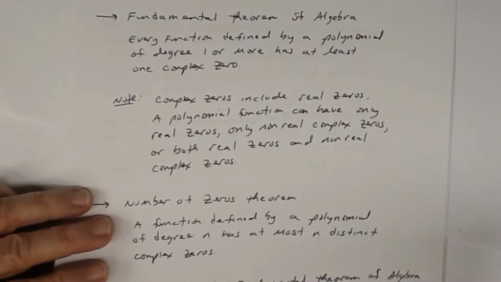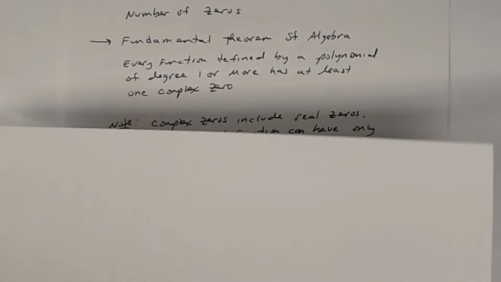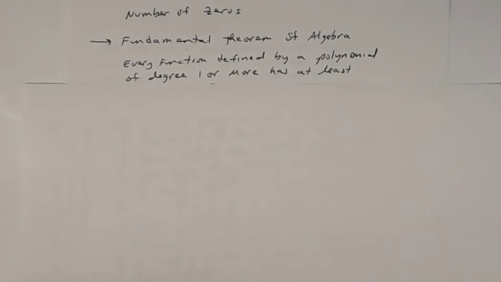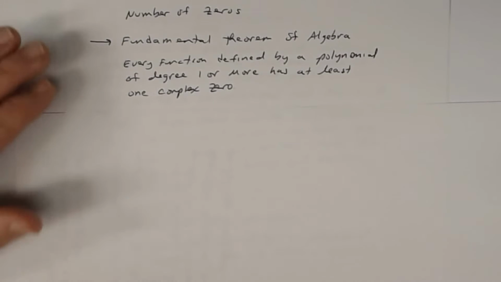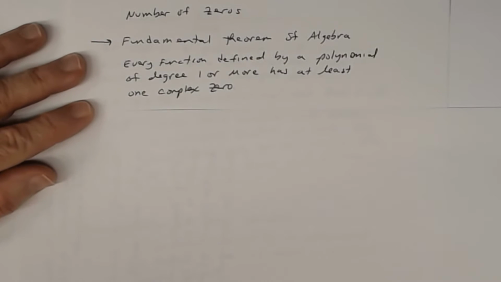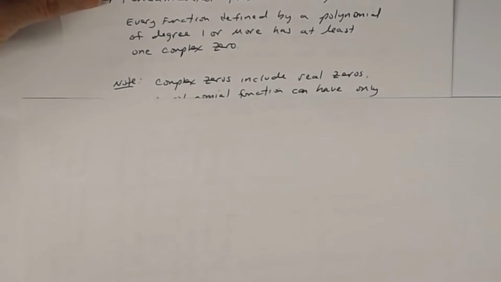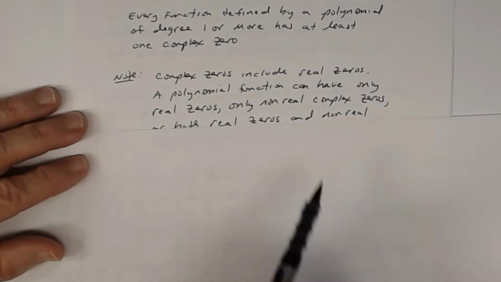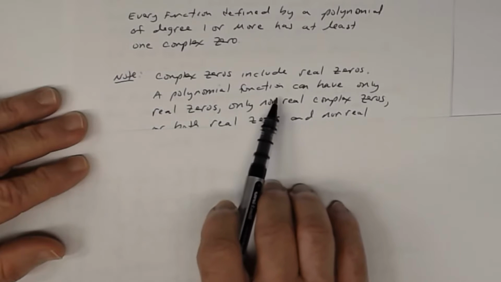All right. Now, before we look at some examples, let's talk about the fundamental theorem of algebra. The fundamental theorem of algebra says this: every function defined by a polynomial of degree 1 or more has at least one complex zero. Now remember what we mean by a complex zero. A complex zero includes real zeros.